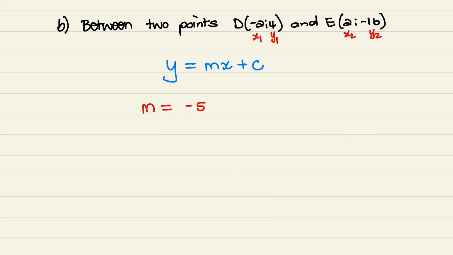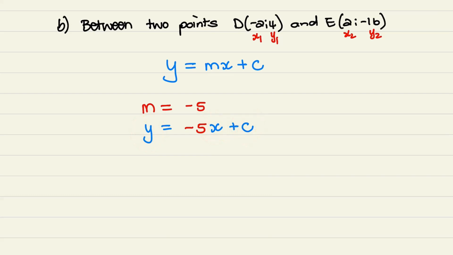And now that we have a gradient of negative 5, we can partially complete the straight line equation by replacing m with negative 5. Next, we want to determine the value of c. And in order for us to determine the value of c, we will substitute values into x and y. Now you have two sets of coordinates. You can substitute any of these two into the place of x and y in order to find the y-intercept.